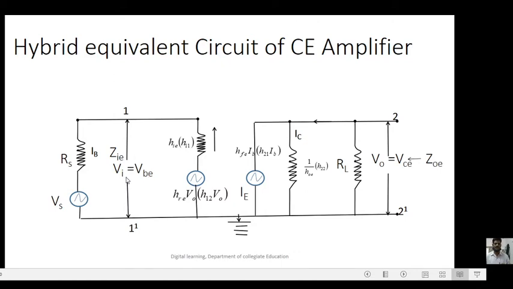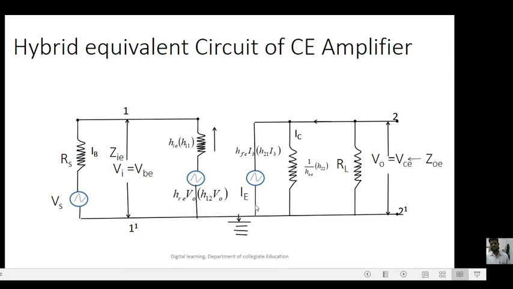Vi is the voltage measured across VBE, base to emitter, in the input section. HIE is the input impedance or H11, HRE is the reverse voltage gain ratio of the transistor. So these are all in the input section.